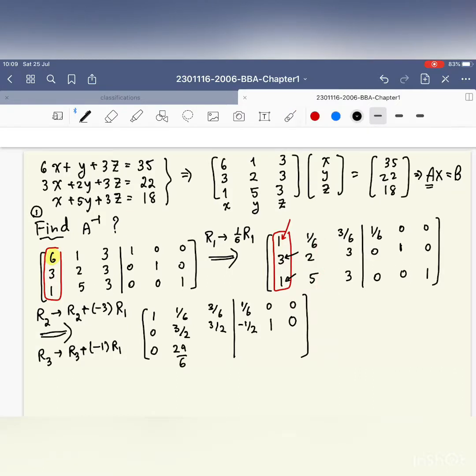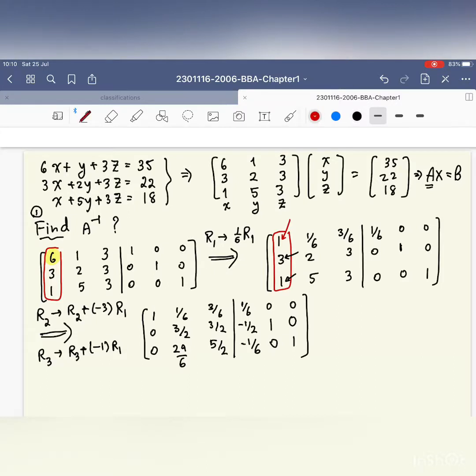Here is 1/2, and the 3 is 6 over 2, so if you subtract each other, you have 5 over 2. Here you have 0 subtracted by 1 over 6, 0 and 0, and 1 subtracted by 0.